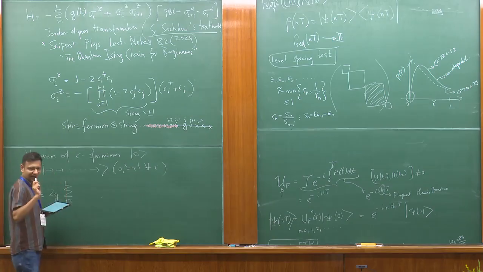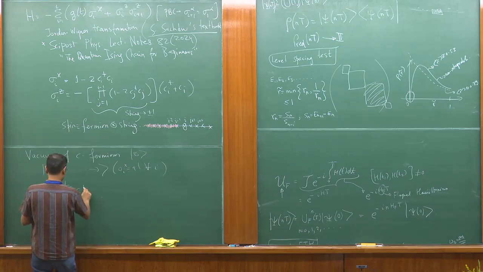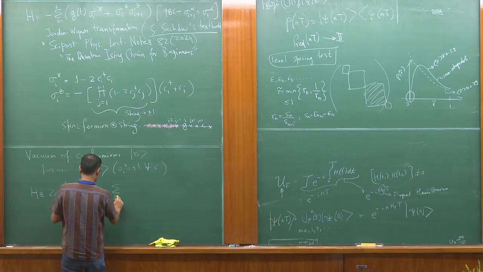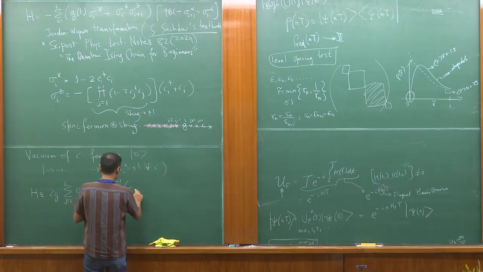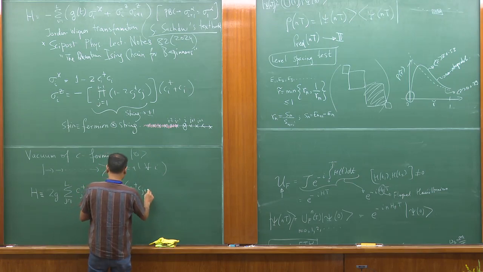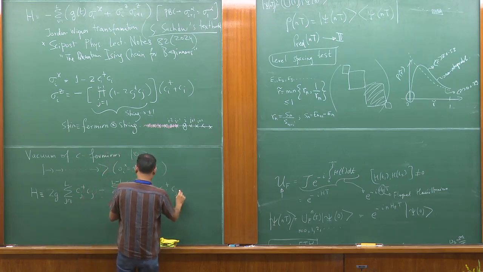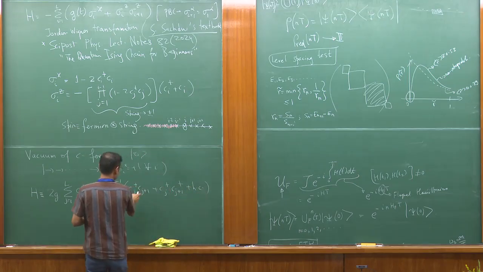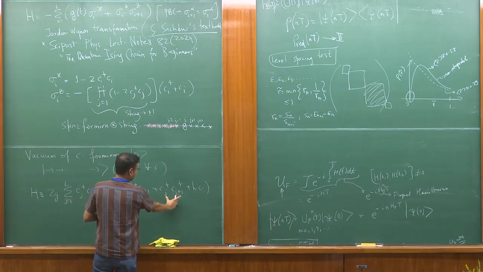so remember there are L sites now on a ring. So you'll see that there will be an interesting boundary term which will come up, and so there's some hopping of fermions, and there's some pair creation and pair annihilation term.